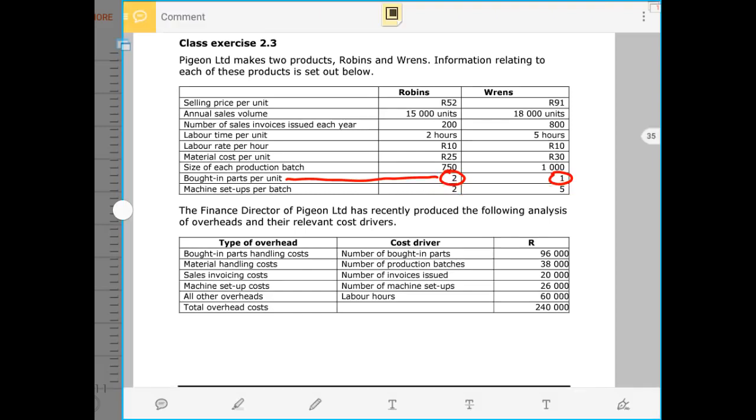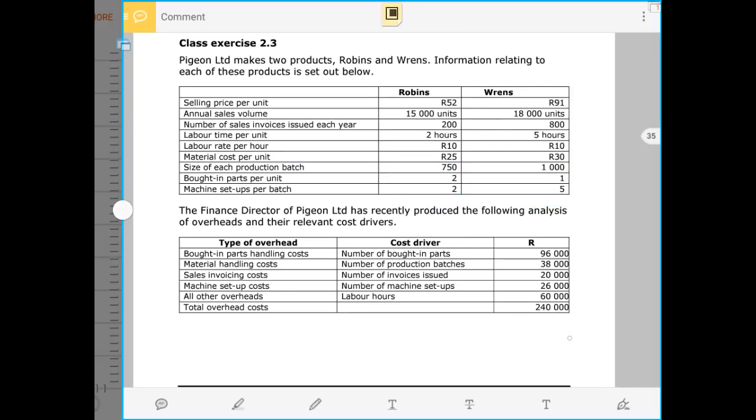That means the machine will be set up twice for one batch in the case of Robbins, and 5 times per batch in the case of the production of Wrens. So that is the information that is given to us regarding these two products.